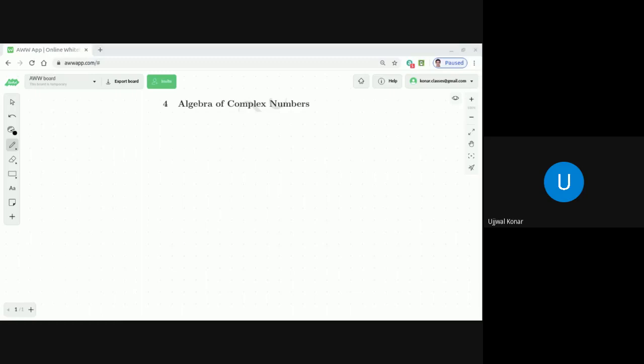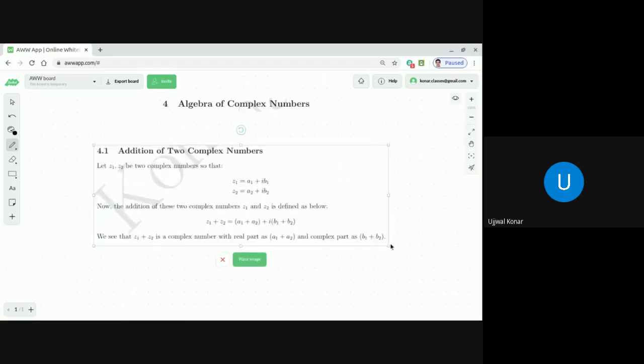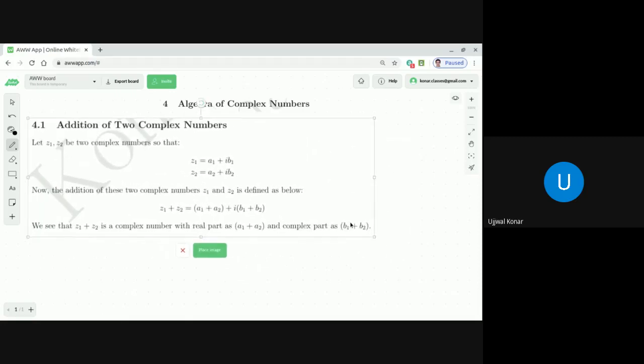Let Z1 and Z2 be two complex numbers. Z1 we can represent as A1 plus iB1, and Z2 is equal to A2 plus iB2.